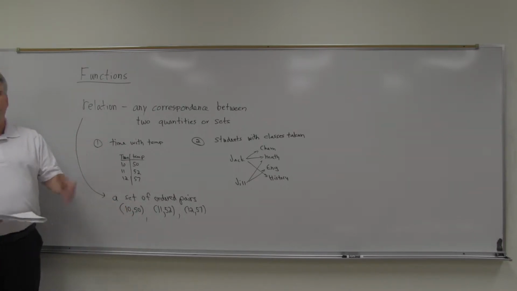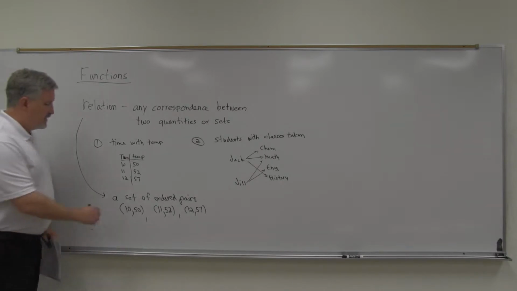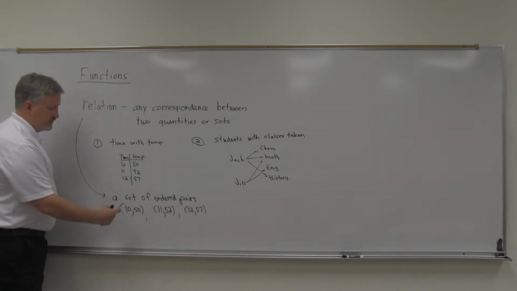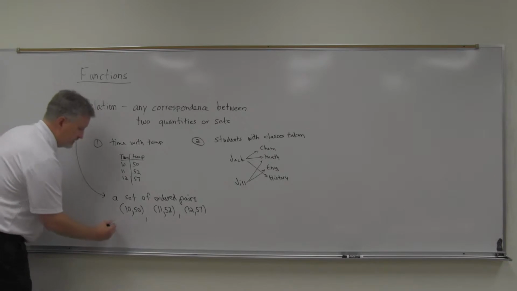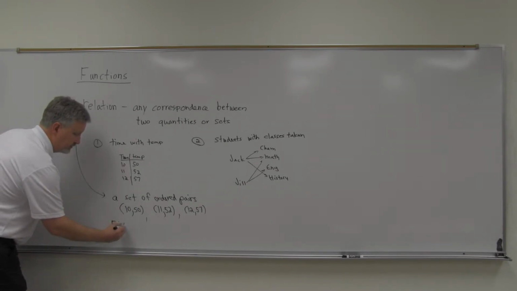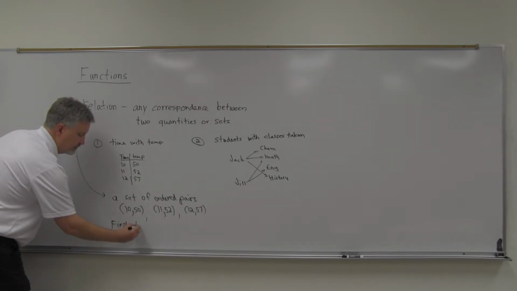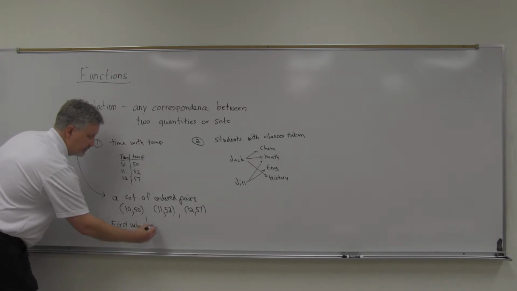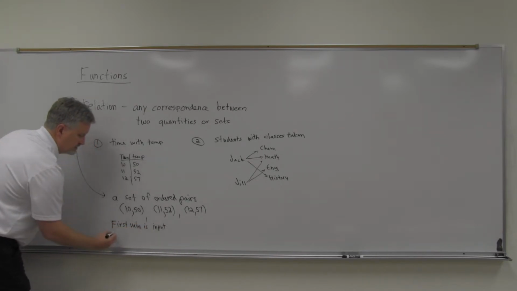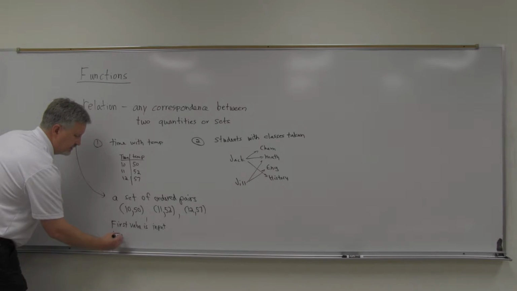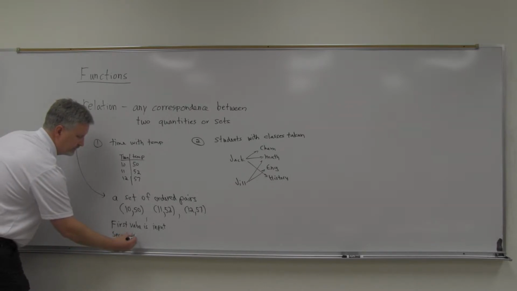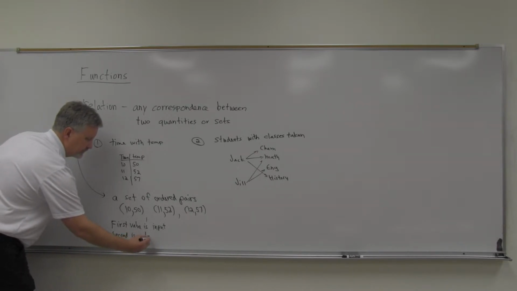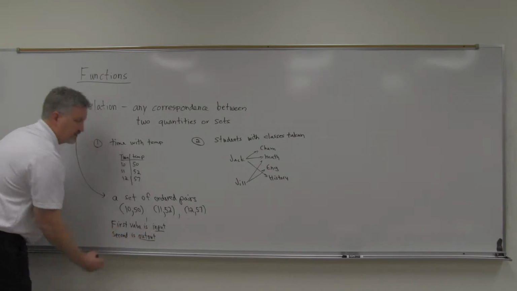So that's another term here. So usually the way we typically do it is the first value is the input, and the second is the output. Okay, so just another couple of terms here.